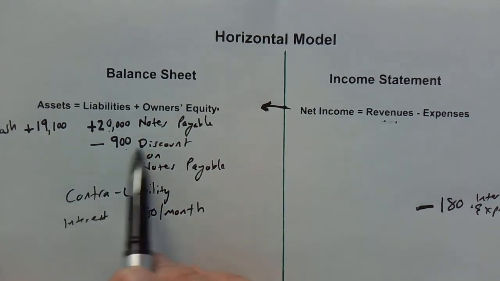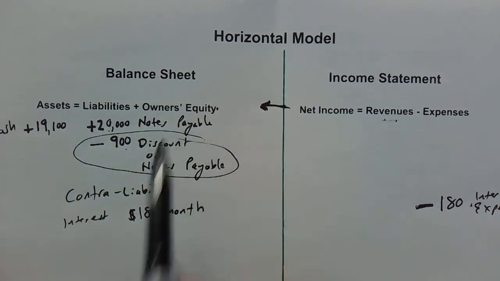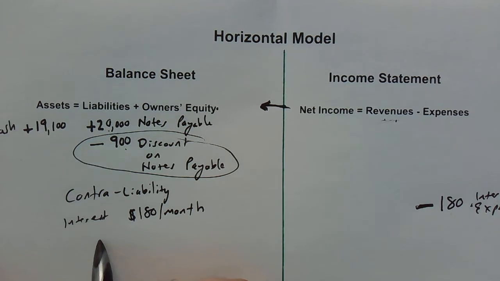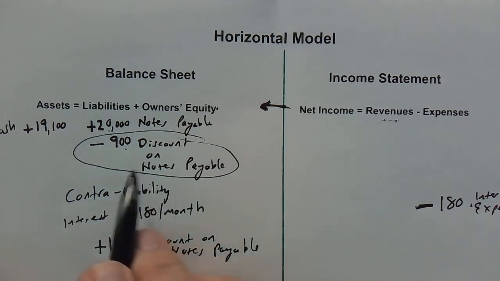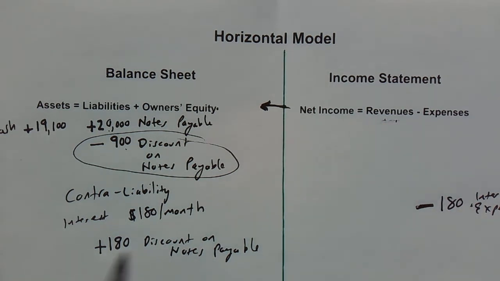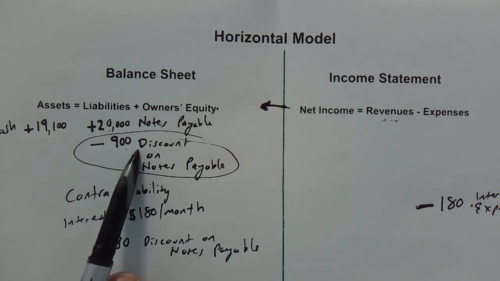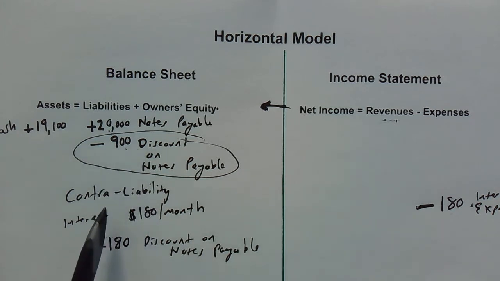Well, we're going to look at this discount on notes payable, and we're going to add 180 to that. Because we're going to reduce our discount on notes payable by the amount of $180. That reduces that by the same amount of the interest expense, and we're going to use up this discount on notes payable over the life of this note.